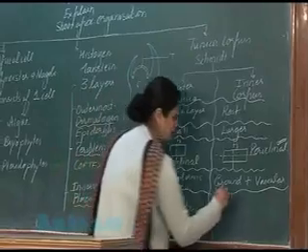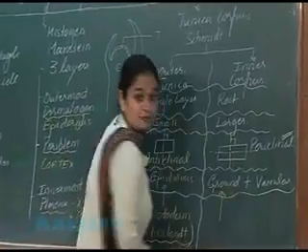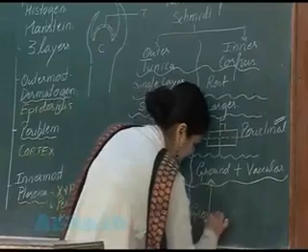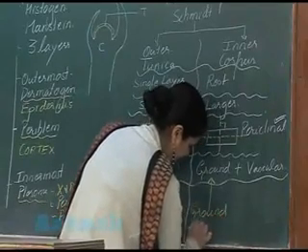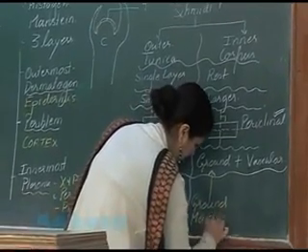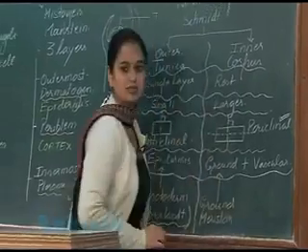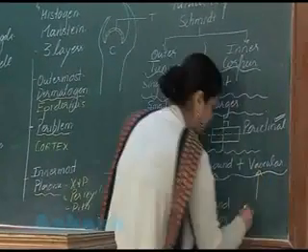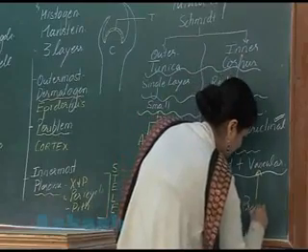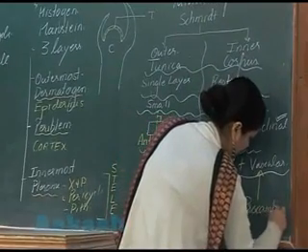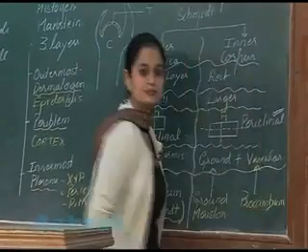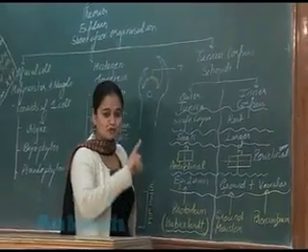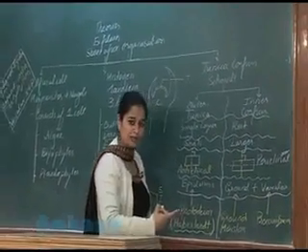If the function of the meristem is forming the ground tissue, then it is known as ground meristem. And if the function is forming the vascular tissue, then it is known as procambium.